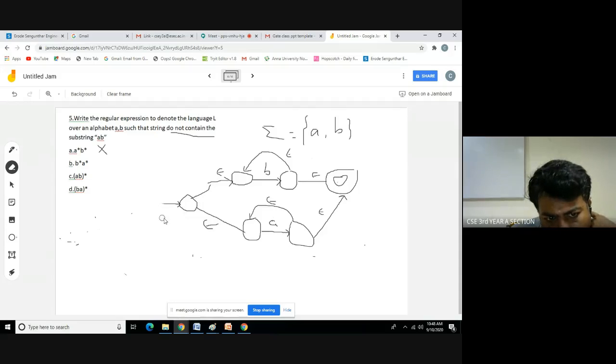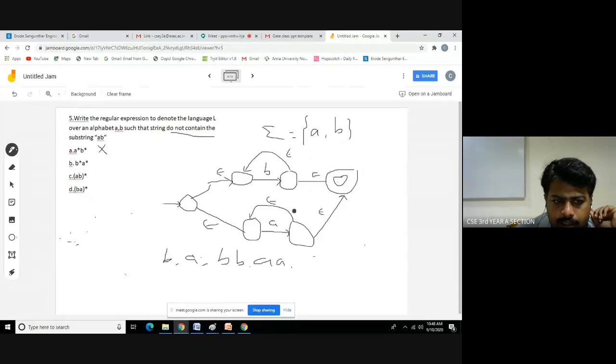So I can say strings like B are accepted, A is also accepted, B followed by a number of A's is accepted. In this case, double B is accepted as well as double A is accepted.